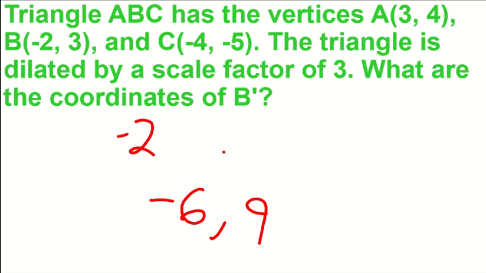In this case, we got -2, we got +3, and you multiply each of those numbers by the scale factor. If the scale factor were a fraction, it works the same way. You just gotta follow your rule of multiplying with a fraction. Any questions on that one? Dilations, not so bad, just multiply.